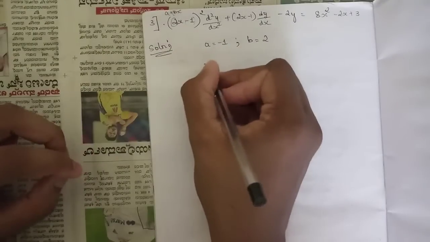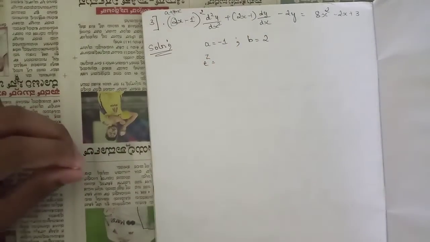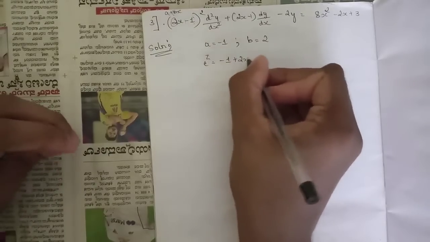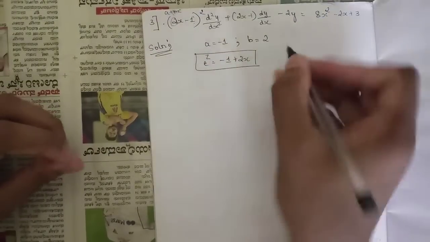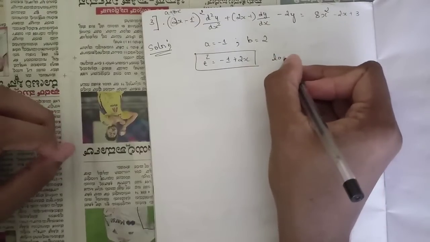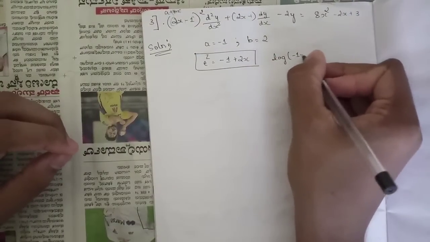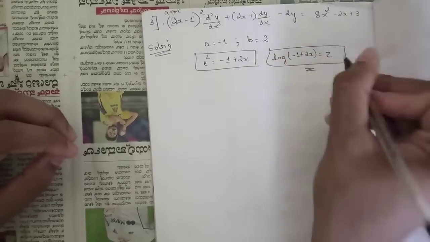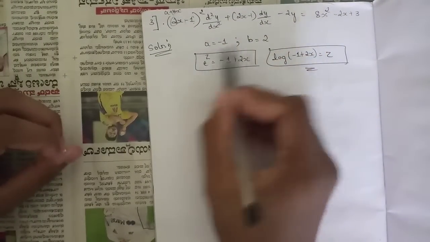So now our e power z is equal to minus 1 plus 2x. Also, log of minus 1 plus 2x is equal to z. In order to find the value of x, this equation is the easiest one.